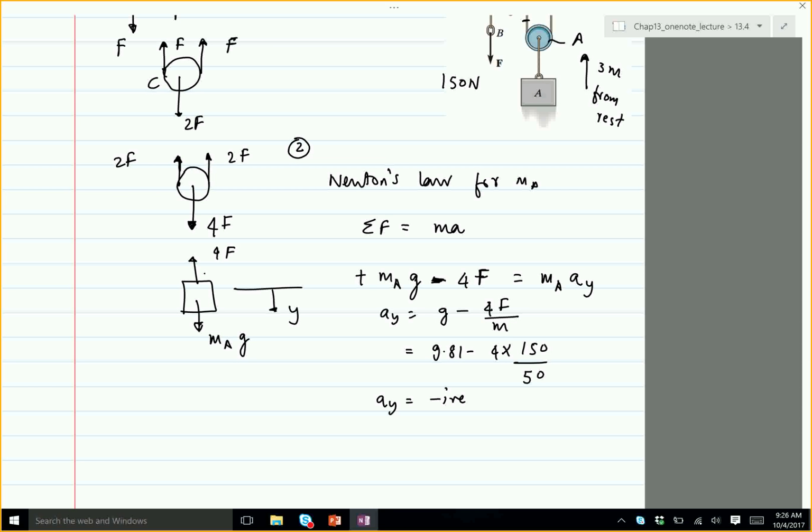Okay, which means my assumption was wrong. This system is not going to move down, but it's going to move up. Maybe I should just write the answer down. Anybody calculated this? It's 9.8 minus 12.